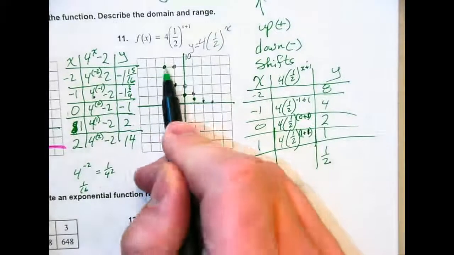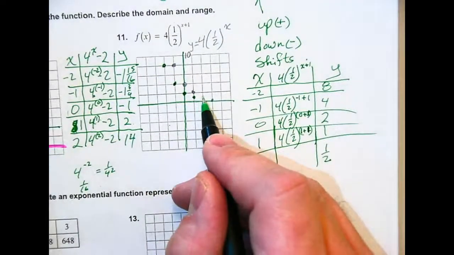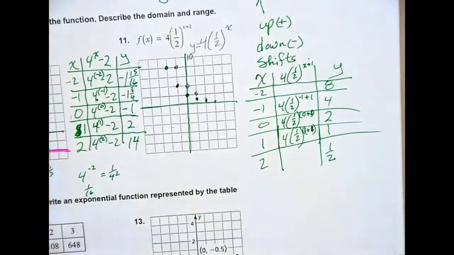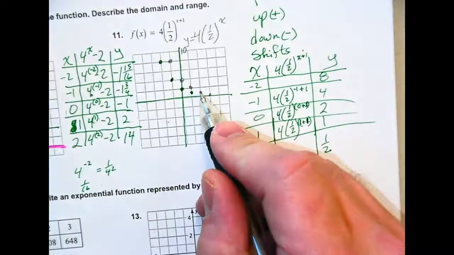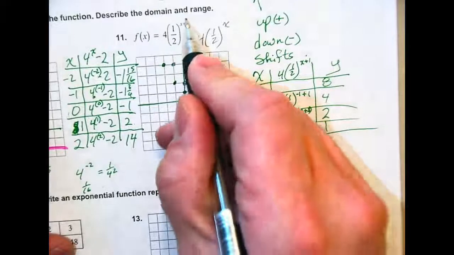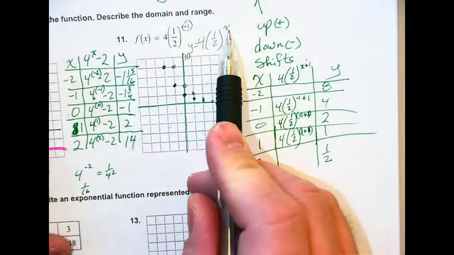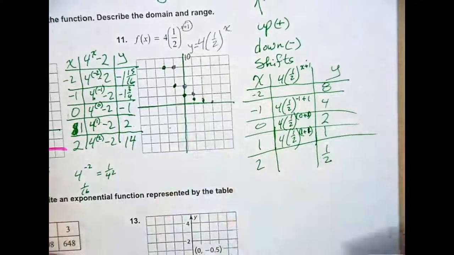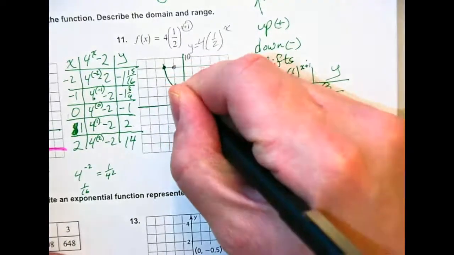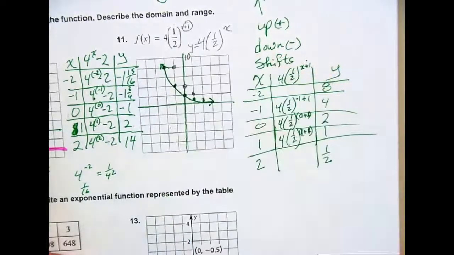Here it's shifted this way 1, here it's shifted that way 1, here this point that was right there shifted there 1. That's the +1 that's shifting it. So what I've done is graphed it without the +1 in pencil, and then in pen I've graphed what we just came up with so that we can see the shift.